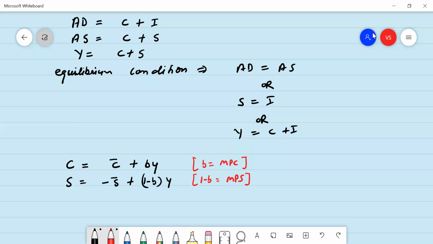These are the consumption function, C function and S function. And also I told you that C bar is autonomous consumption, that means consumption at zero level income. Here minus S bar is autonomous saving.